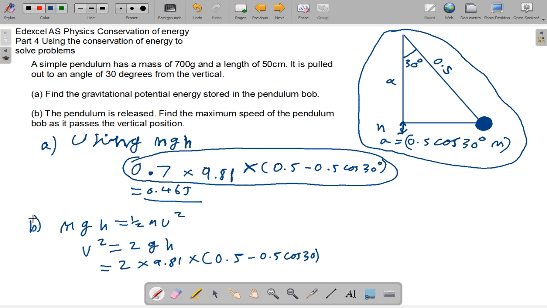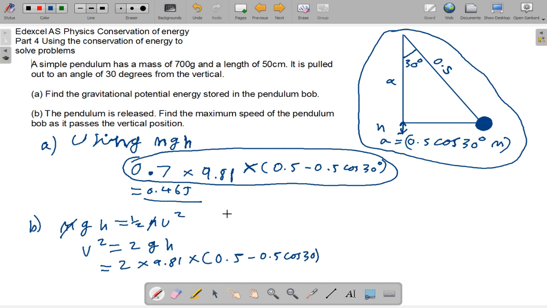Now for part B, the pendulum is released. We need to find the maximum speed of the pendulum bob as it passes through the vertical position. So if we use the equation mgh equals half mv squared, we can then cancel out the m. So we do that, we will get the expression v squared equals 2gh.